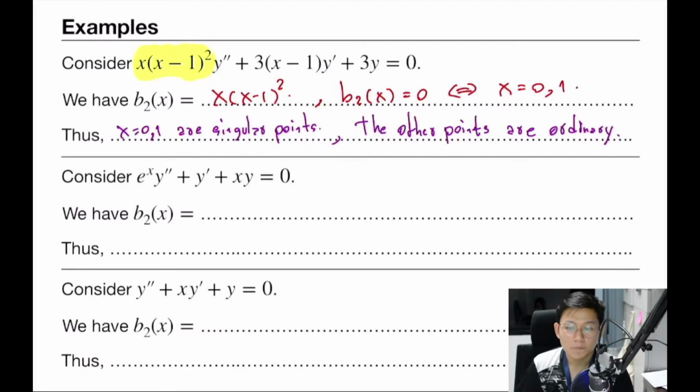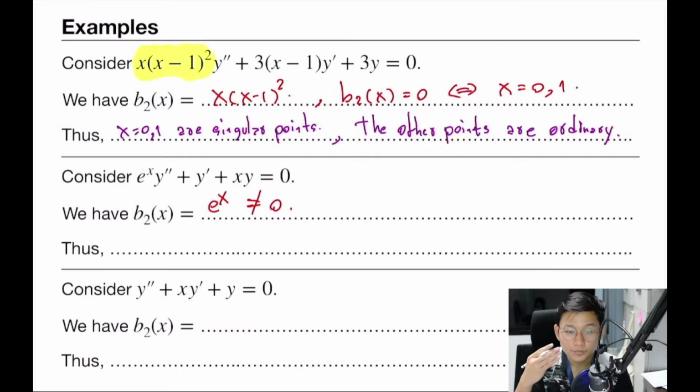Next example, b2(x) is e to the x, and e to the x can't be 0 for any x. It approaches 0 as x approaches minus infinity, but it is never 0.